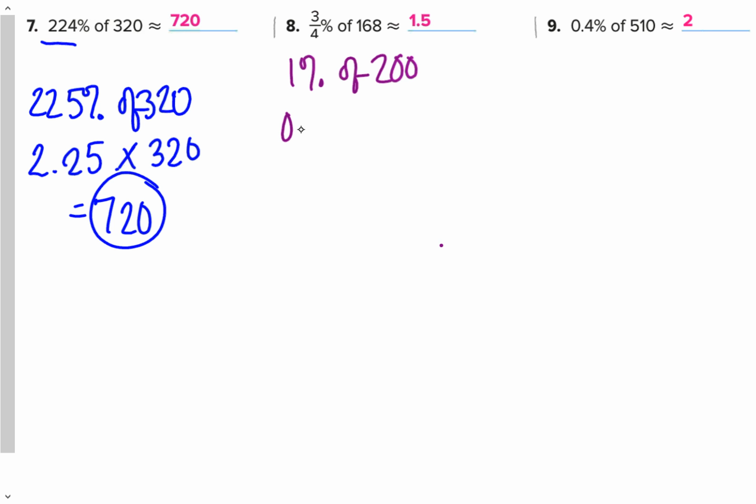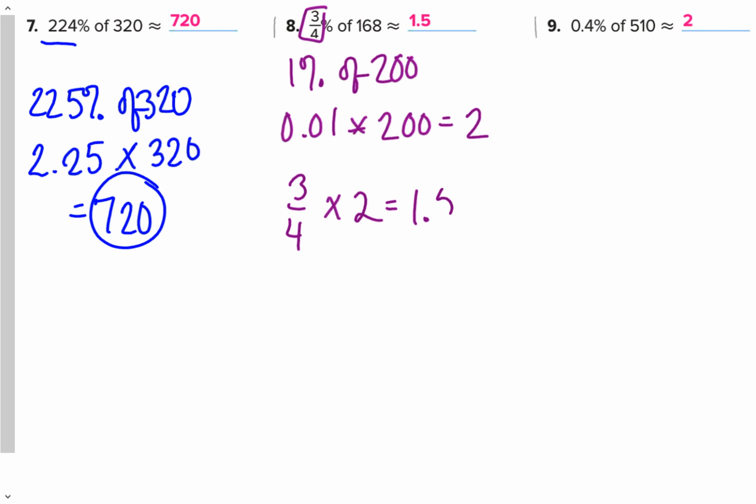So we have 0.01 times 200, that equaled 2. Now, once you rounded that, you have to multiply it times your percent. So you would say 3/4 times 2, that would have equaled 1.5.